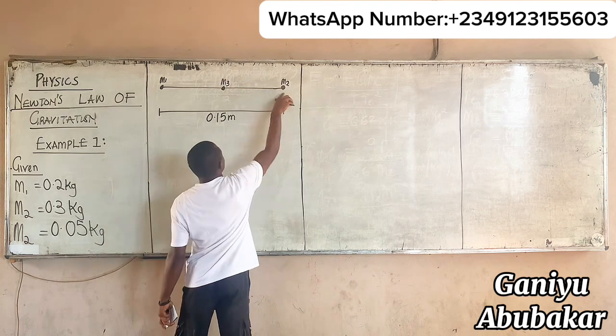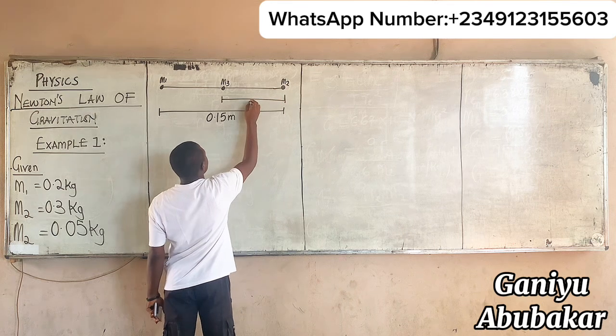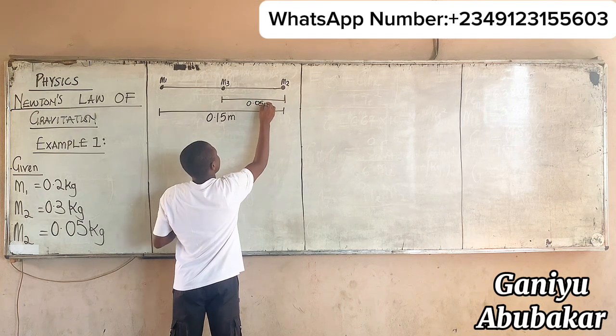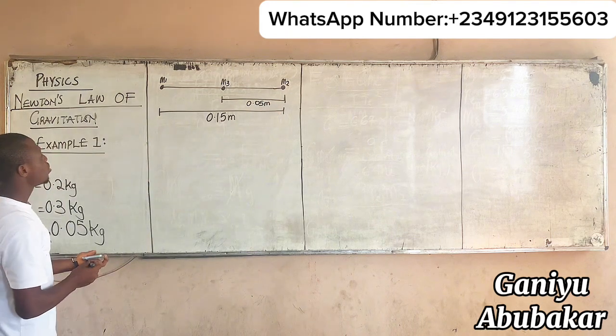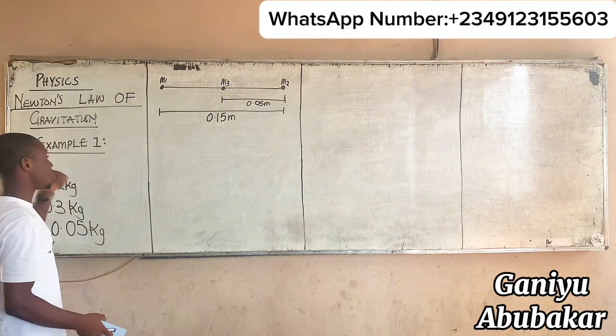That's your M2. So from here to here, the value is given as 0.05 meters. This becomes the diagrammatic illustration of that question.